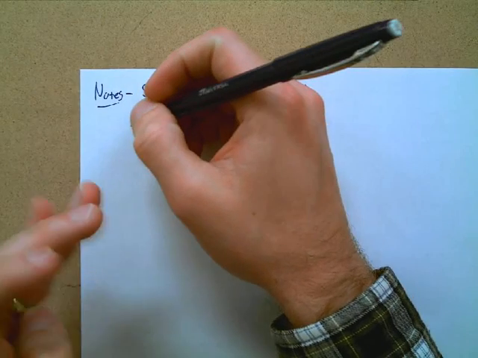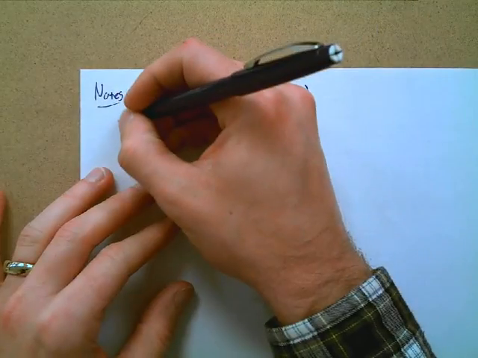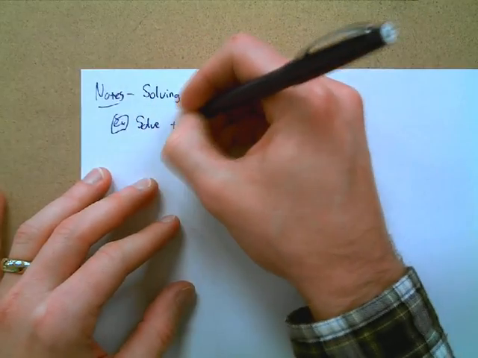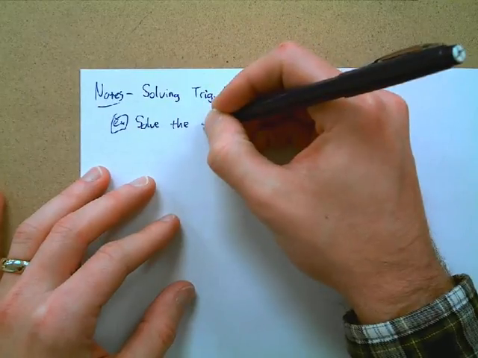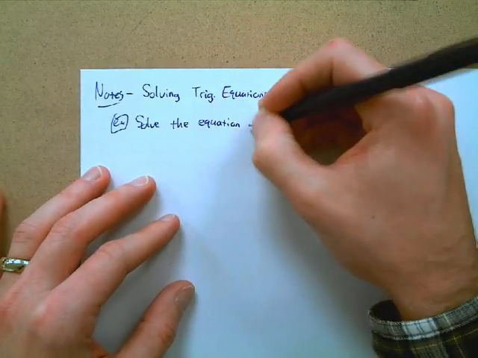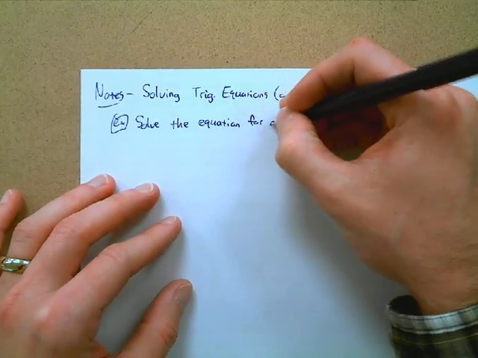It's not that hard of a change to make, but just so we can have that under our belts too. So, for example, let's say we want to solve the equation for x. Alright, solve the equation for all possible values of x, I should say. Solve the equation for all possible values of x.